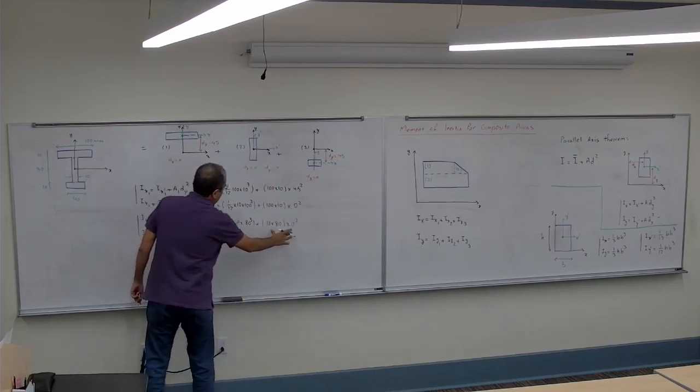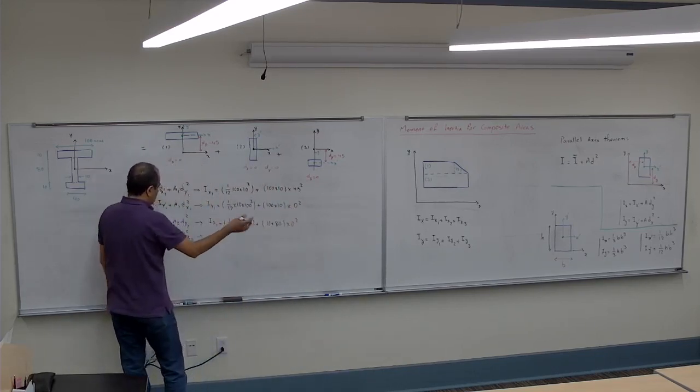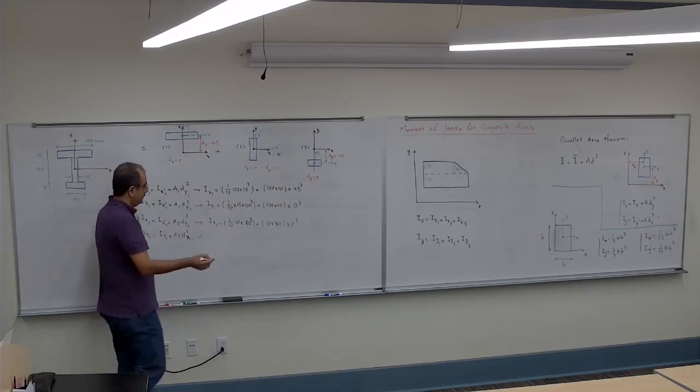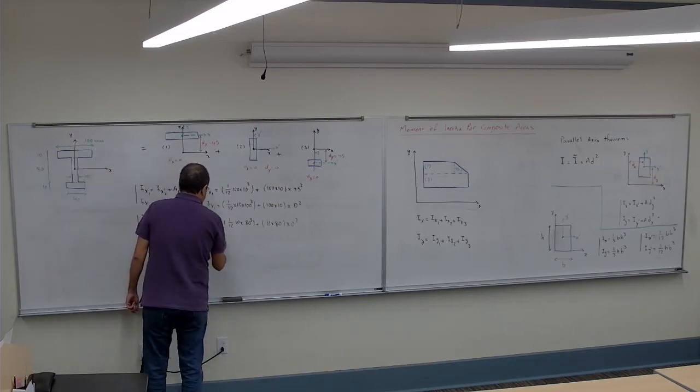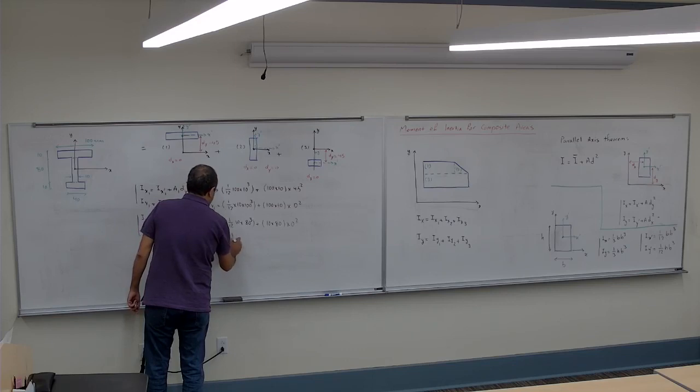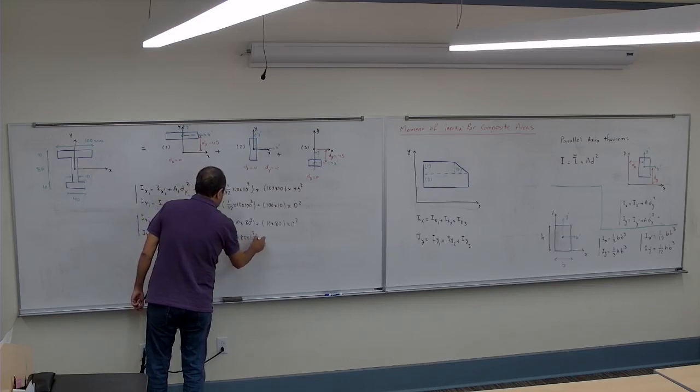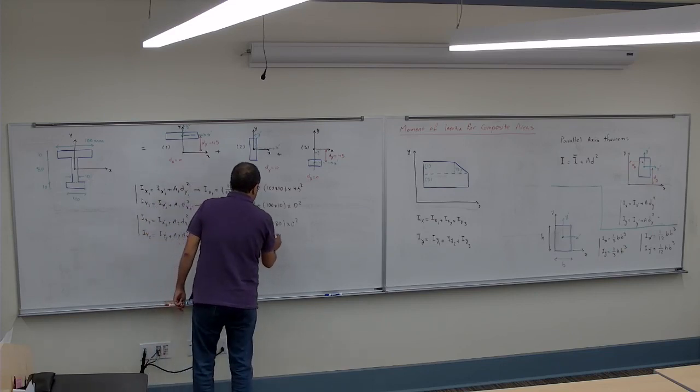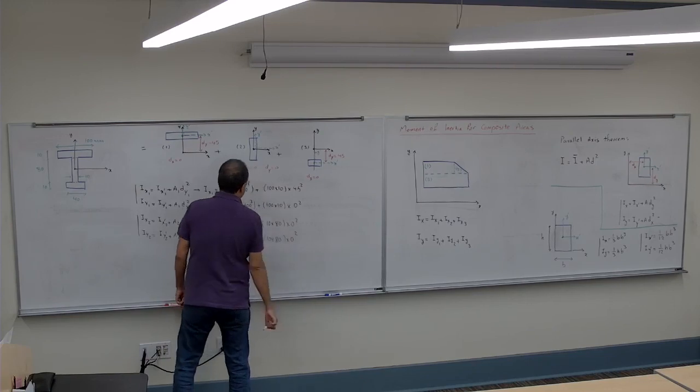I just write that part so you know that's gonna be 0, but when you get comfortable, you don't need to write it. And for the I about y, it's gonna be 1/12 of 80 times 10 cubed, again plus 10 times 80 times 0 squared.